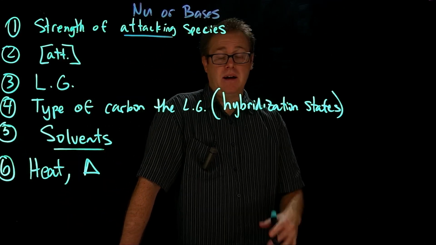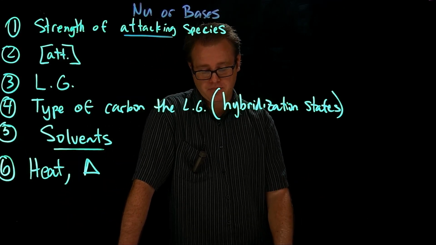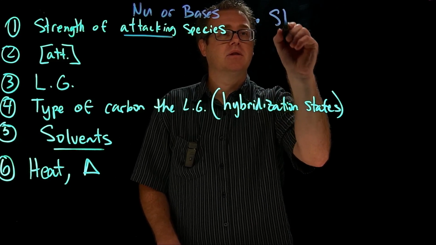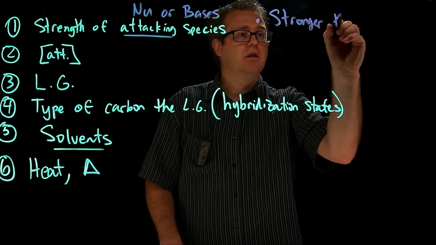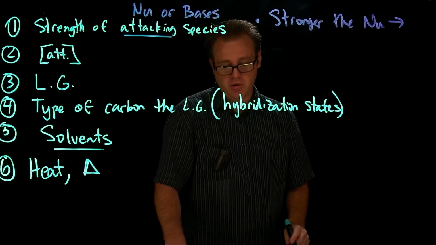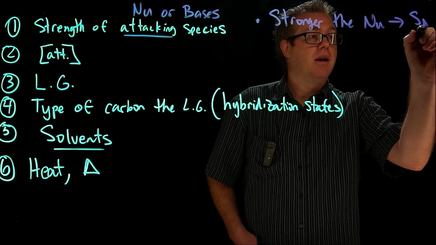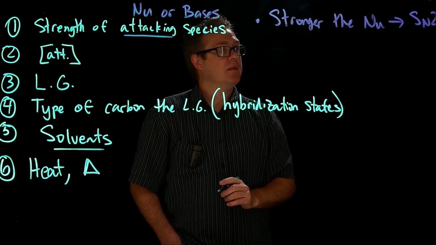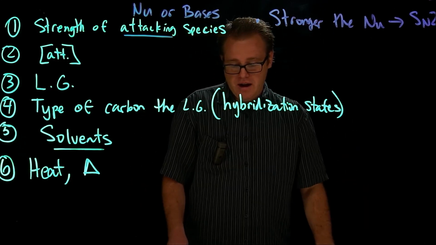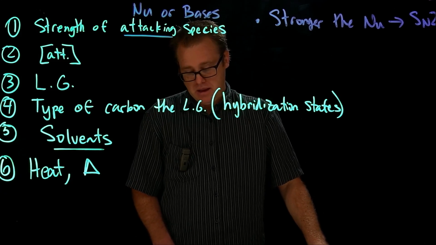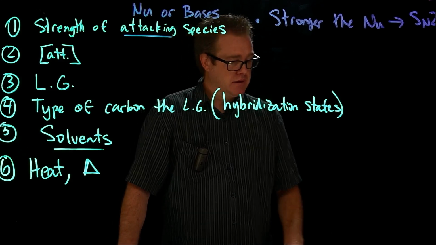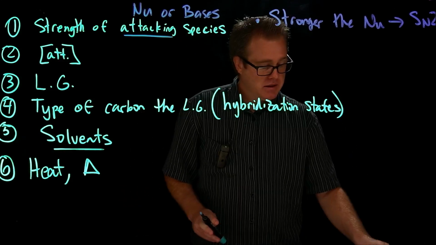So when I'm talking about an SN2 reaction, okay, stronger the nucleophile, that's going to promote a faster SN2 reaction. Stronger the nucleophile, faster the reaction. Okay? So that's a key point to remember.